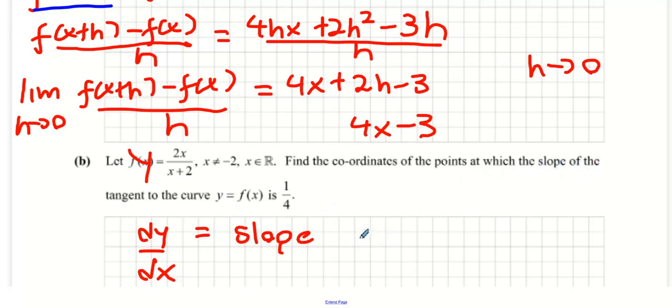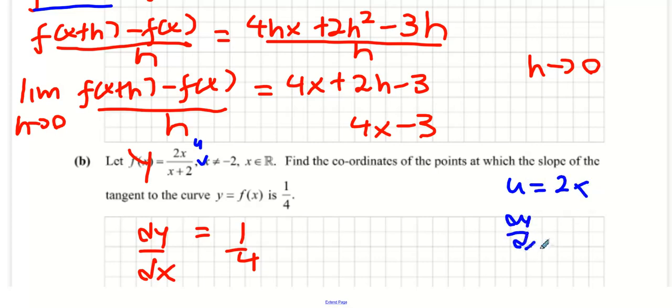What they're telling me is that the first derivative is actually a quarter. What type of rule are we going to use for this then? Not the chain. It's a quotient, isn't it? So that's u and v. U is x, du dx, and v is x plus 2 and dv dx.